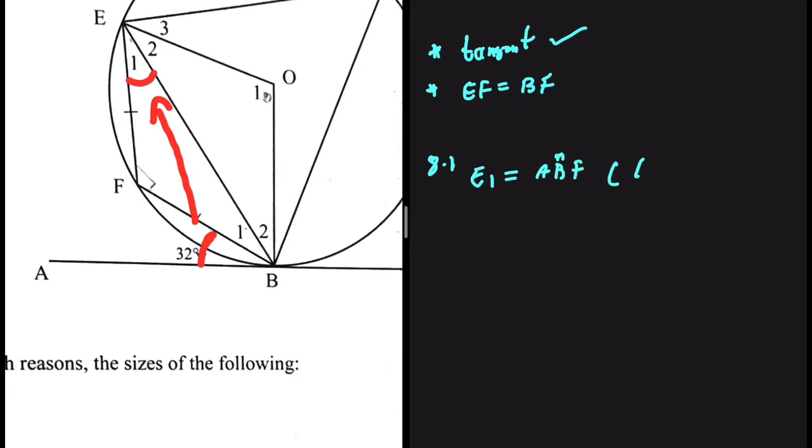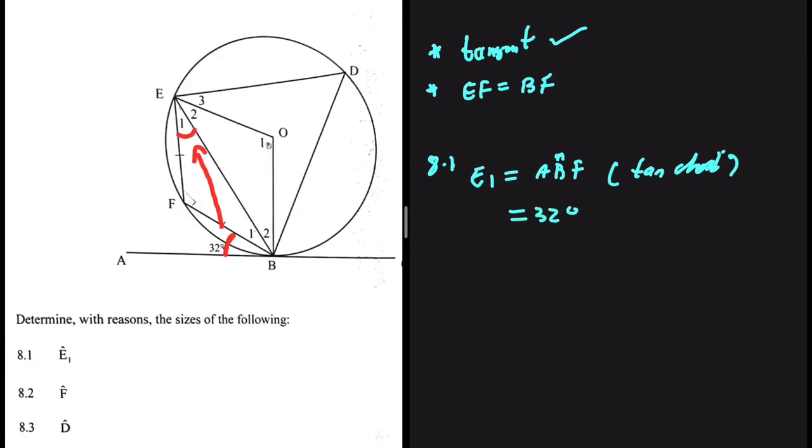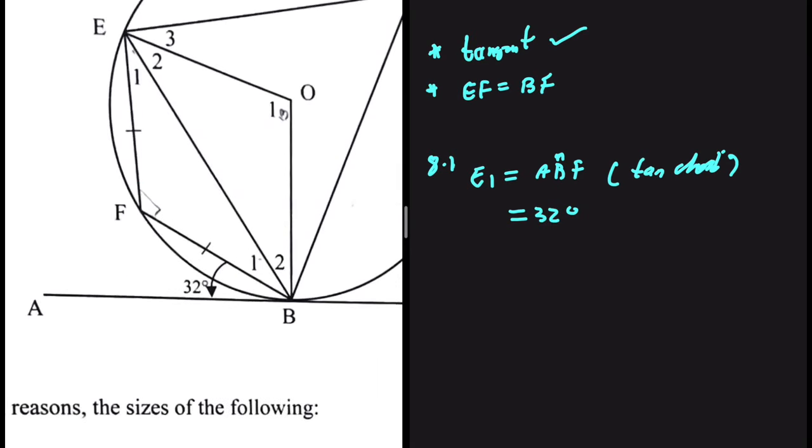Why are we saying that? This is the tan chord theorem. Next, angle F, with reasons. Let's go ahead and highlight angle F. We have said that angle E1 is equal to 32 degrees. But I want you to realize something.